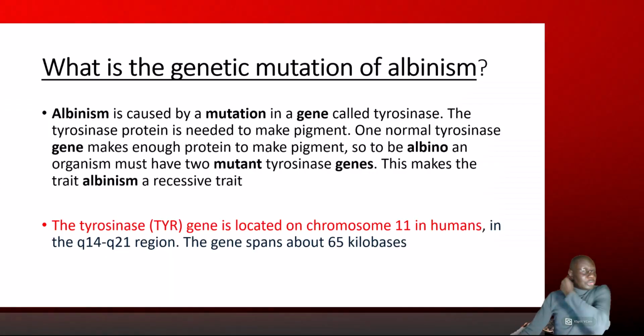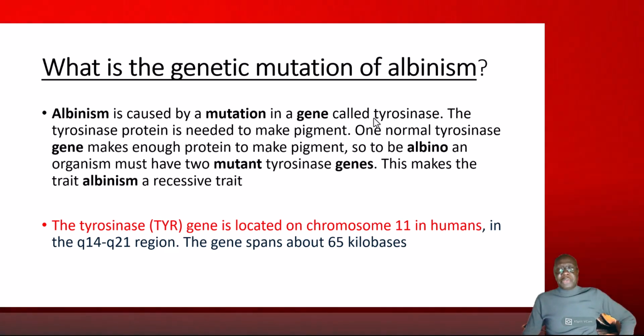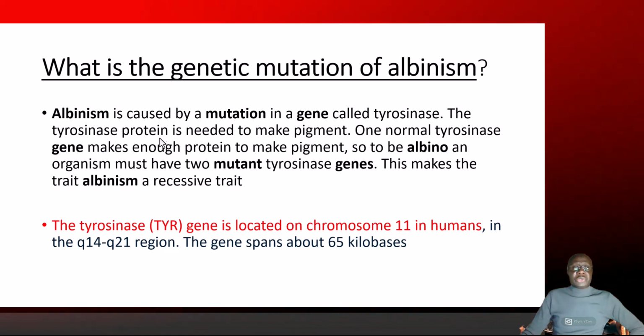Now, we come to albinism, mutations that can cause albinism. Albinism, we all know what it is. You become an albino. It's caused by the tyrosinase protein that produces the pigment in our bodies.